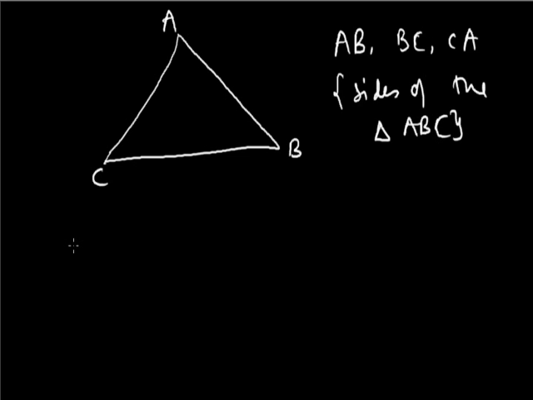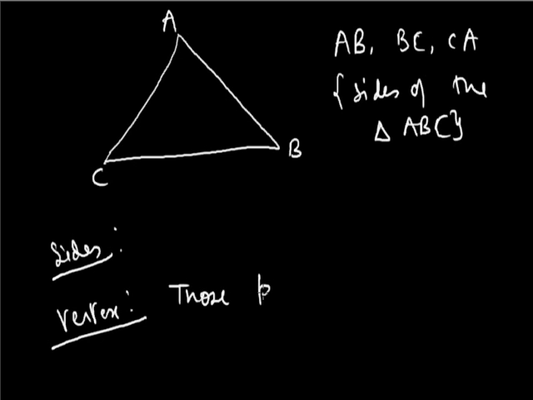So first is the definition for sides, which I have given. It is the line segments forming the triangle, and for the above figure the line segments are AB, BC and CA. So AB, BC and CA are the sides of the triangle ABC. Now the second concept or definition for a triangle is vertex.